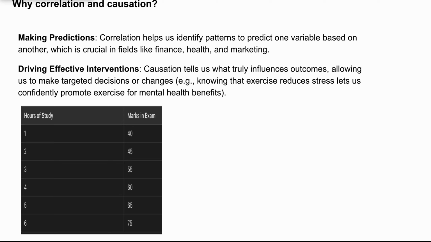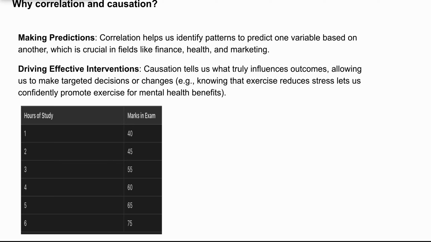Correlation doesn't give you that information, but causation nails that the actual cause of marks in exam is hours of study. One of the causes to get a higher mark is hours of study. If you consider marks in exam as the target and hours of study as an influential feature, then causation can tell you whether or not hours of study is the cause of marks in exam.